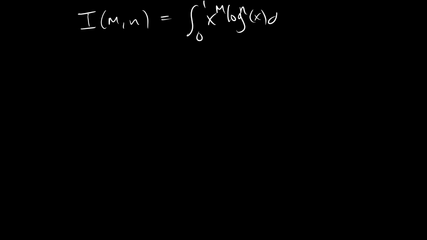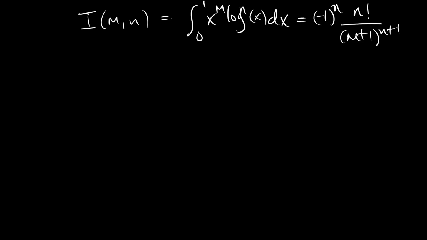I've shown that I_{m,n}, being equal to the integral from 0 to 1 of x to the power m, natural logarithm of x to the power n, is equal to negative 1 to the power n factorial over m plus 1 to the power n plus 1.